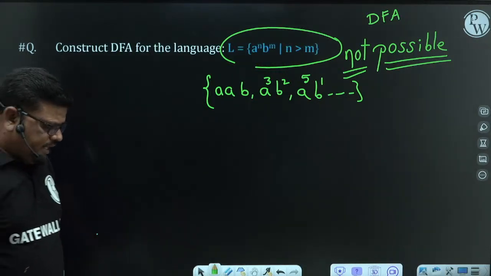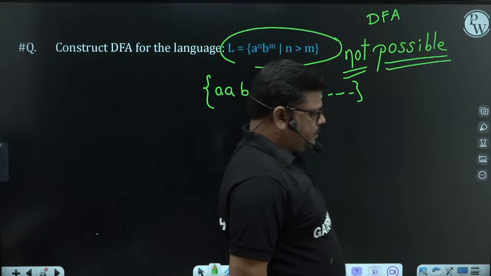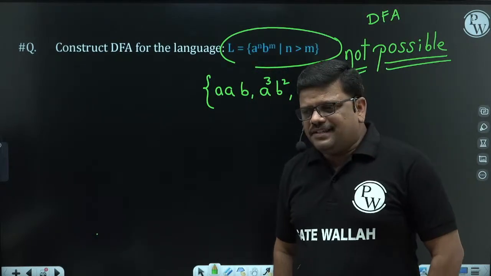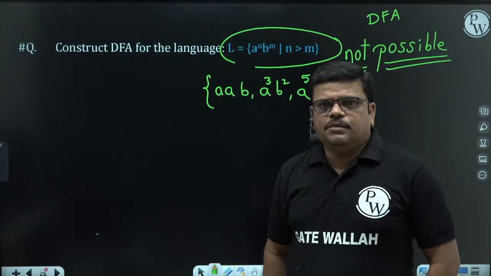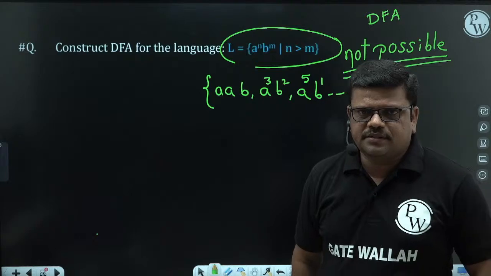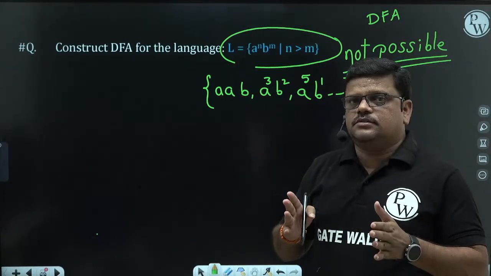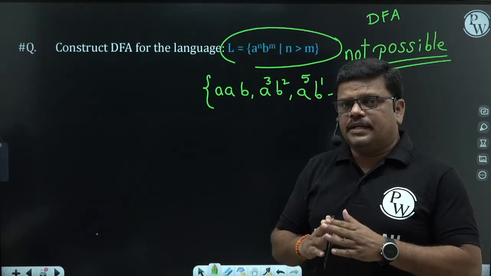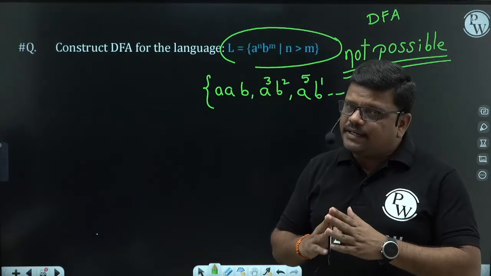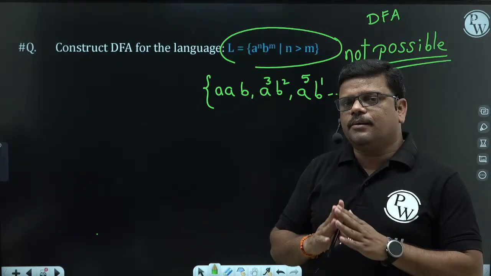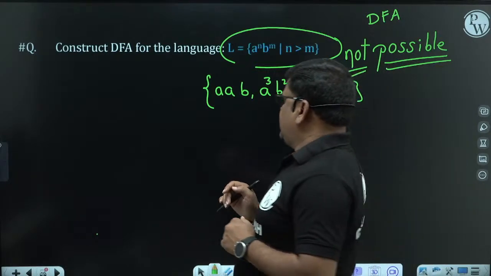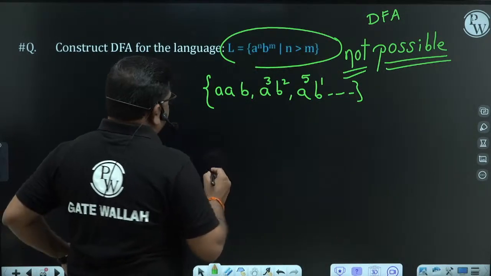How to check whether comparison exists between the symbols or not? If there is a dependency between symbols, then we'll say comparison exists. While generating the number of symbols of the string, if dependency is not there, if they are independent, then we'll say comparison does not exist. Let me see what it means.